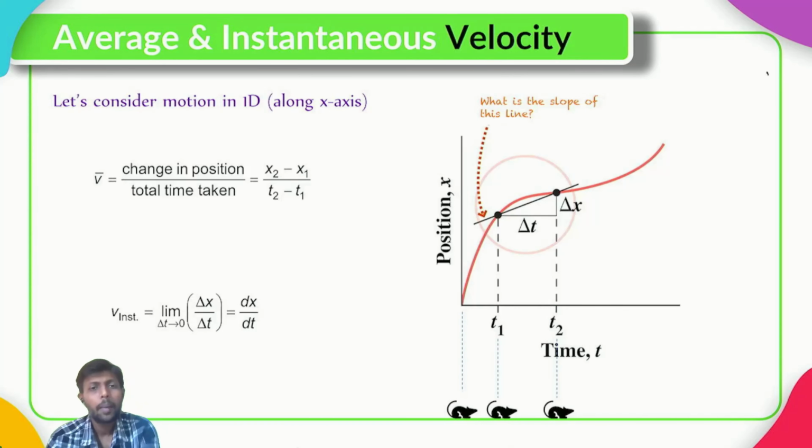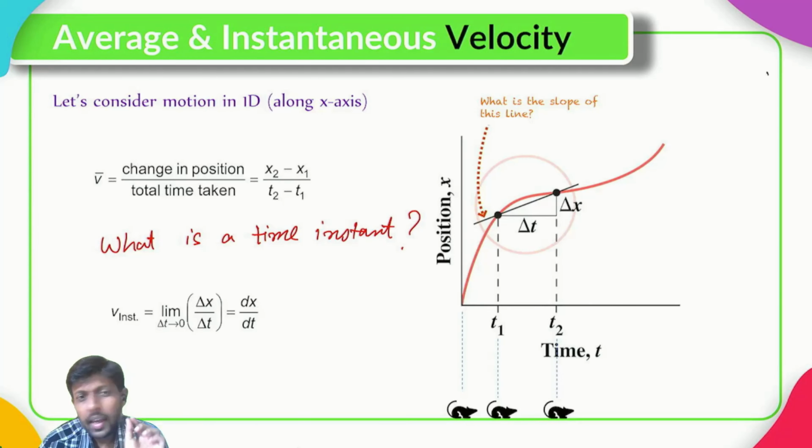Now, what if instead of finding the velocity at a time interval, I need to find the velocity at a time instant? So what is a time instant actually? A time instant or an instance of time is nothing but a very, very small time interval. That's all it is.